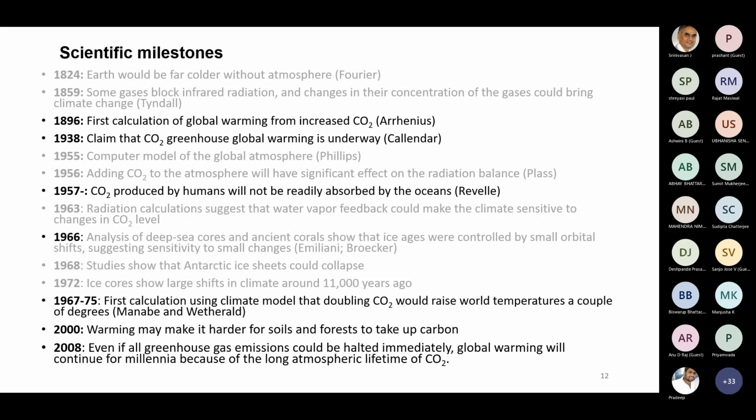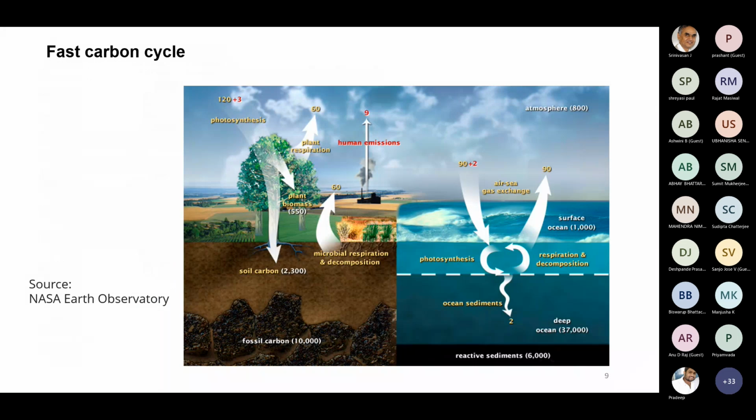Okay, so that's a paper we're going to take a look at in the next slide. But I should also point out that around the year 2000, and over the last 20 years, there's been a lot of work that has revealed the complexity of the terrestrial carbon cycle. All right, so it's showing, for example, that it might make it harder for soils and forests to take up carbon. So what does that mean? It means that there's a lot of uncertainty in this number, right?